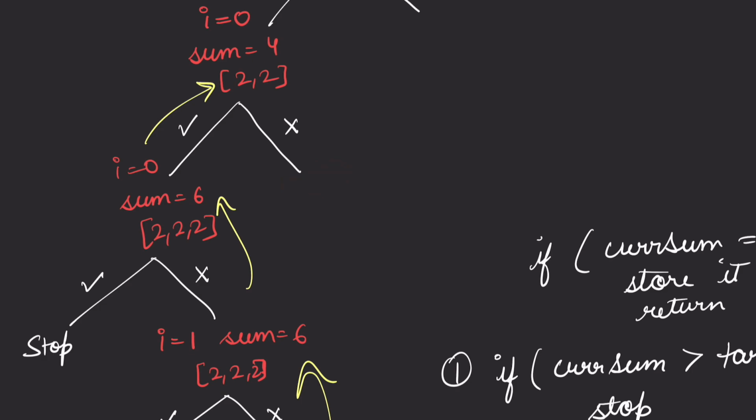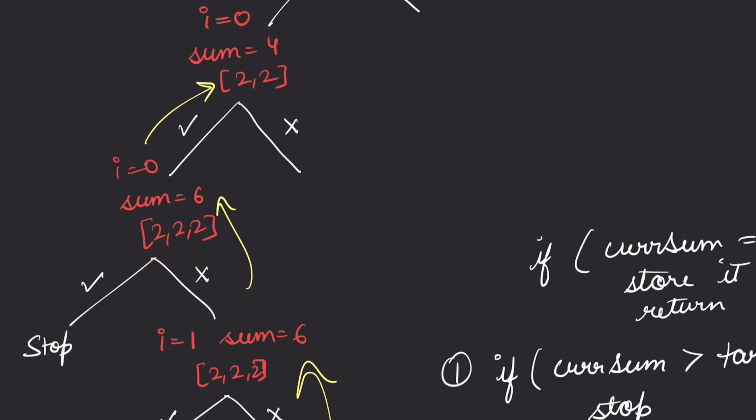Now if you see here, at this point our array was 2 and 2, right? We had two choices, either take index 0 or don't take it. When we considered the path where we took index 0, at that point we added one more 2 in our array. But when we come back to this path, at this point this 2 should not be present, because we are not picking it, but the same array is used in all the recursion calls.